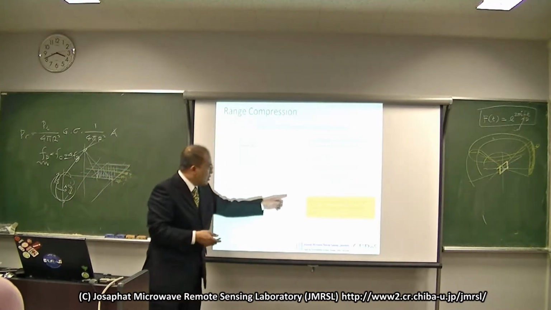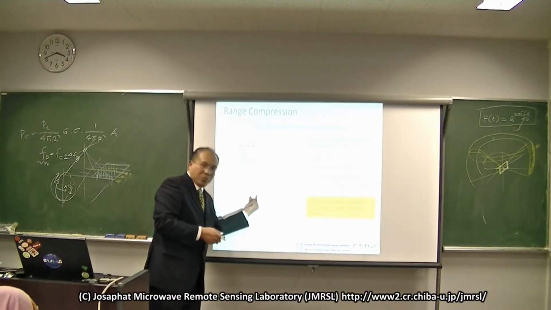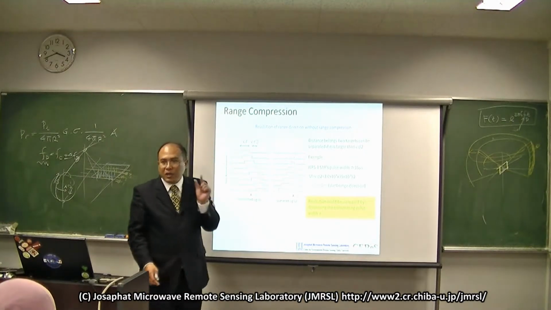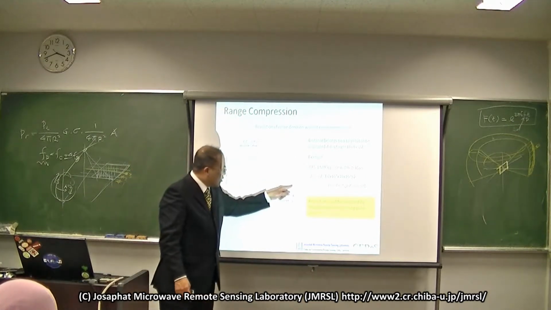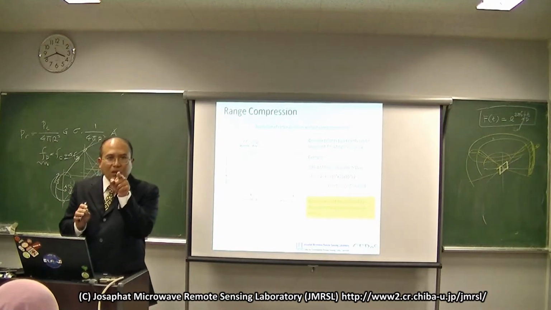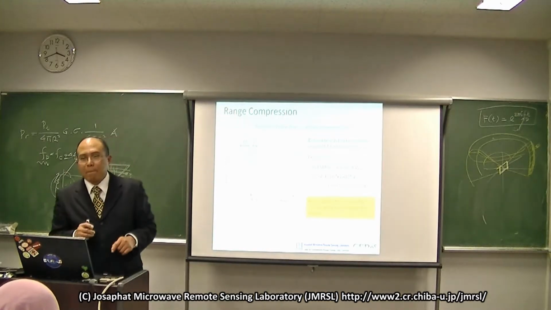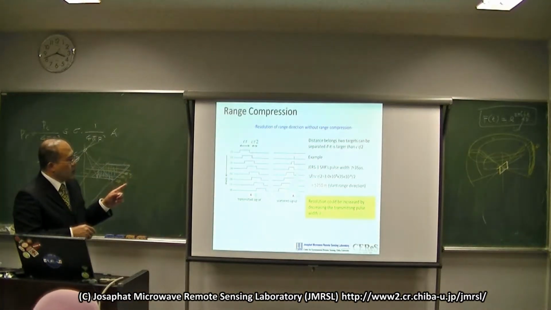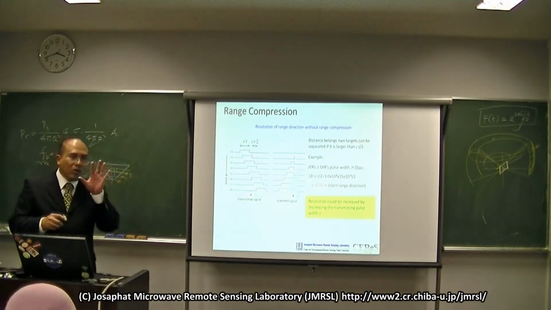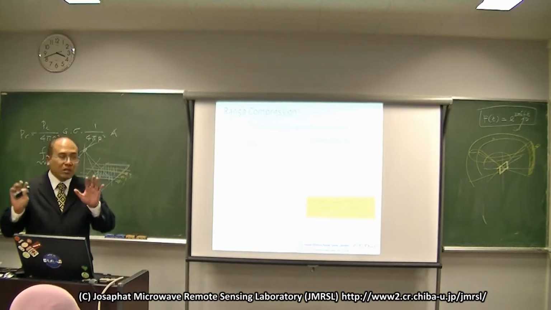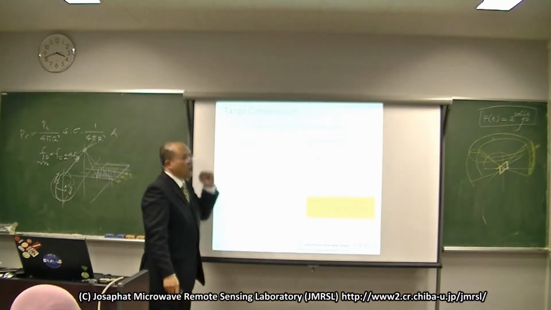So after that, if objects A and B are closer than c tau divided by 2, the pulses will overlap. So you cannot discriminate whether this response is from A or from B. So if you use this technique in the conventional way, you can discriminate the scattering from A and B only at half of the pulse width.